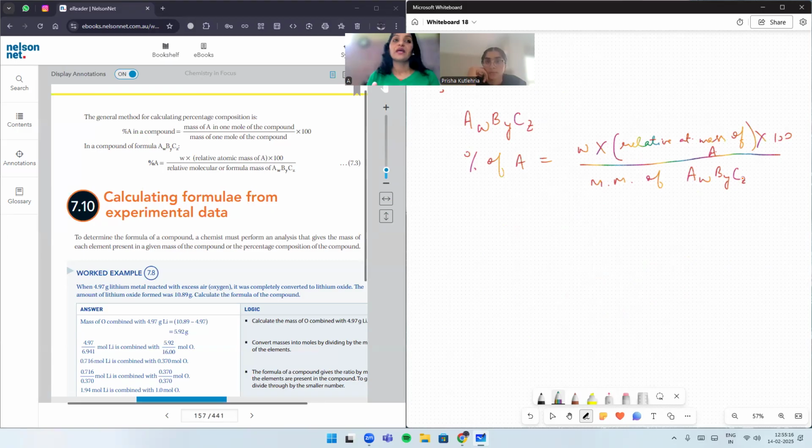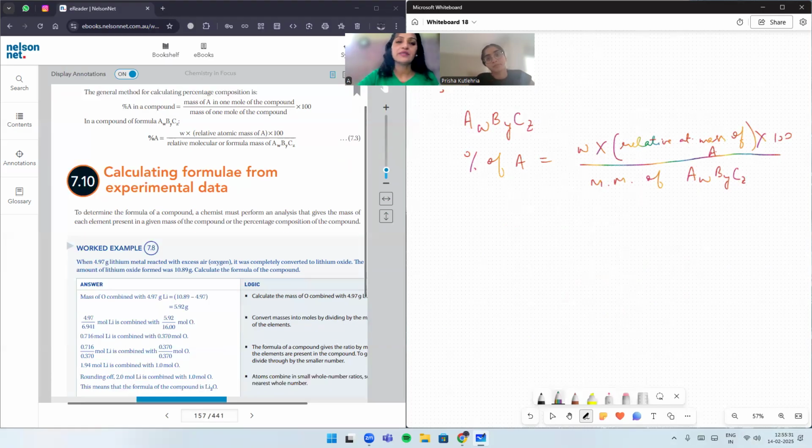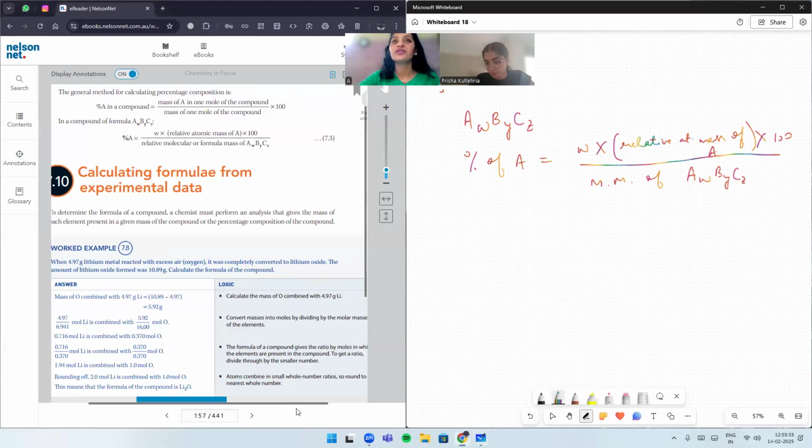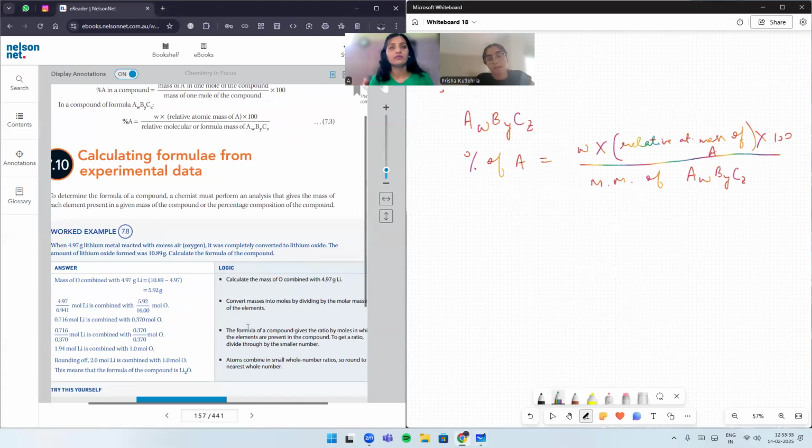Now, if you are given any experimental data and we ask you to calculate the formula, like I gave you some percentages, or I gave you some measured amount of the compound, can you make the formula of that compound? Yes, it is possible, by using two concepts of mathematics.